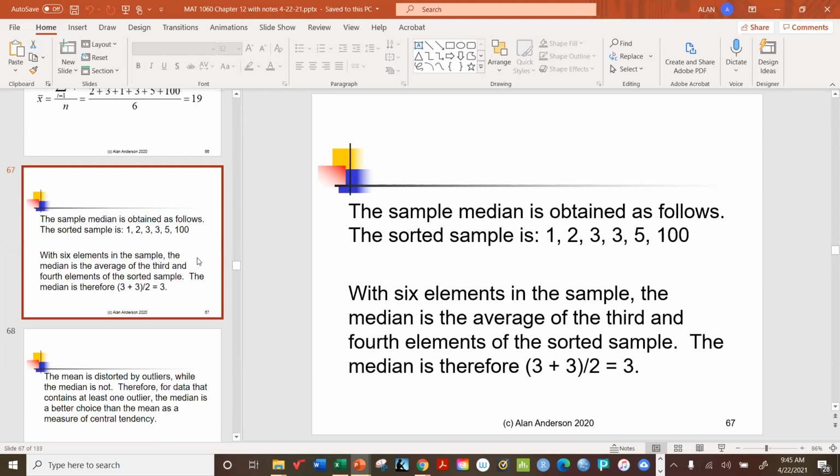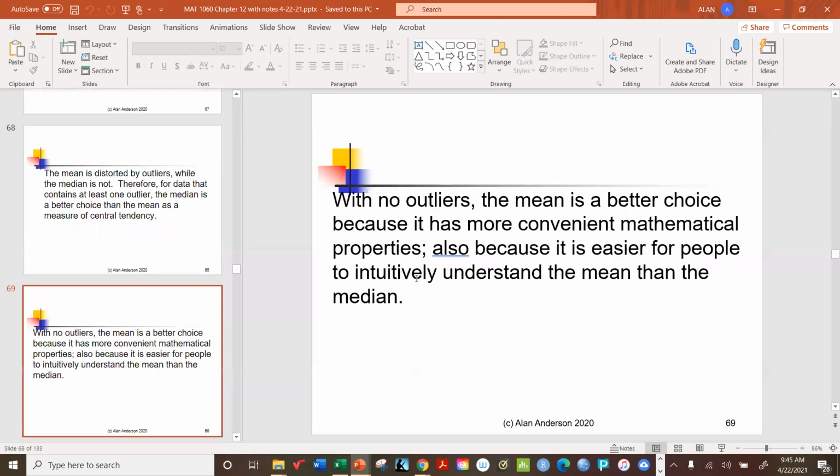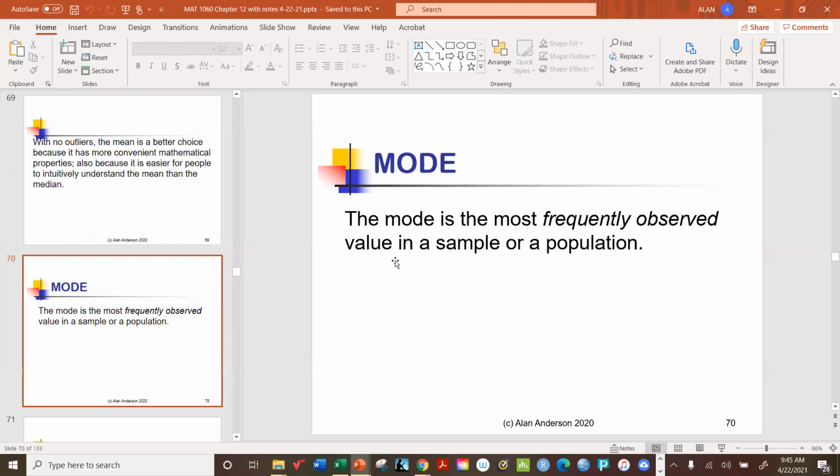All right, now anyway, the third and final measure of central tendency that we want to consider is the mode. Now, the mode is unusual. The mode is actually not terribly useful for many different kinds of quantitative applications. It's really more useful for qualitative data.